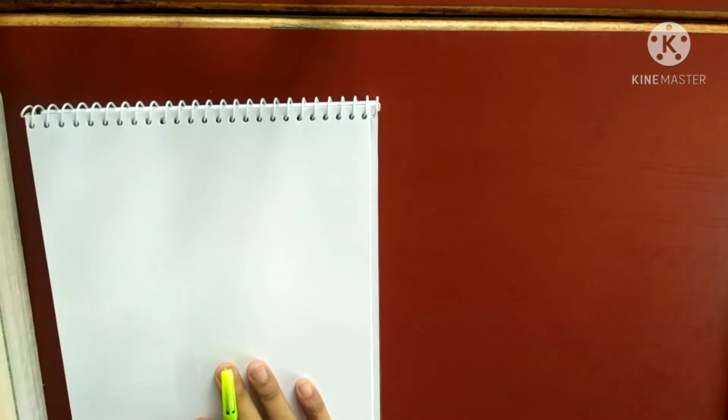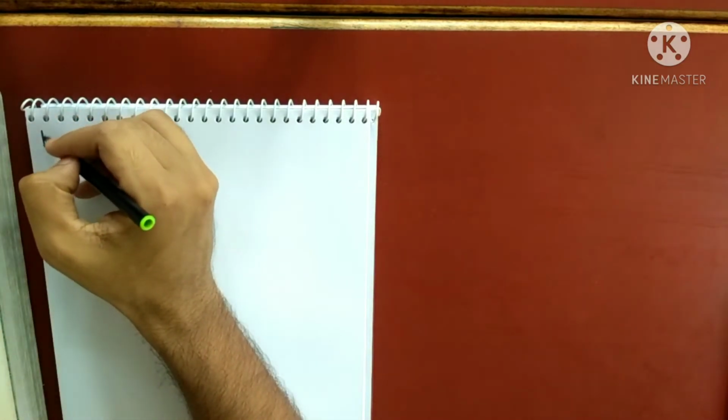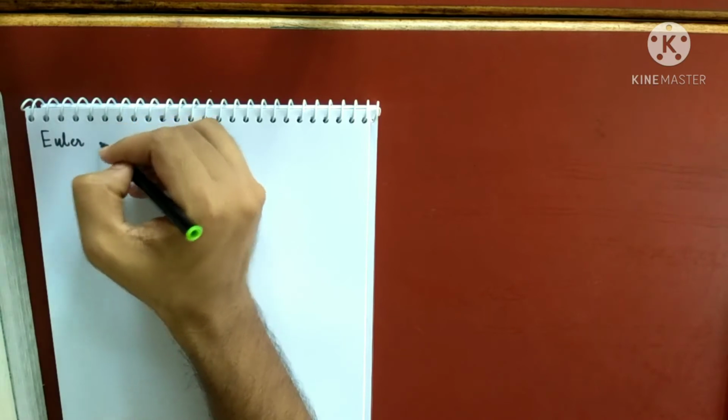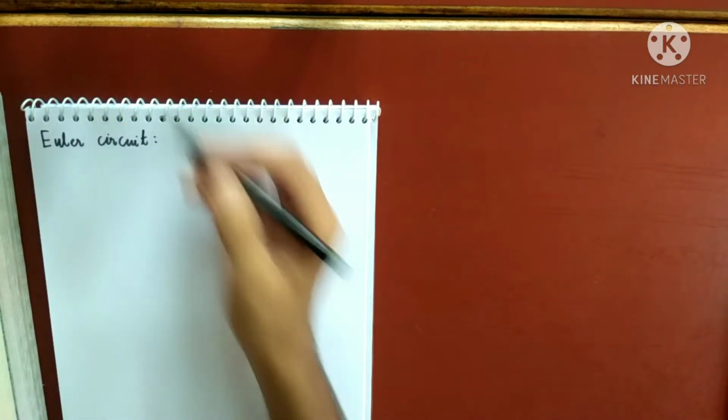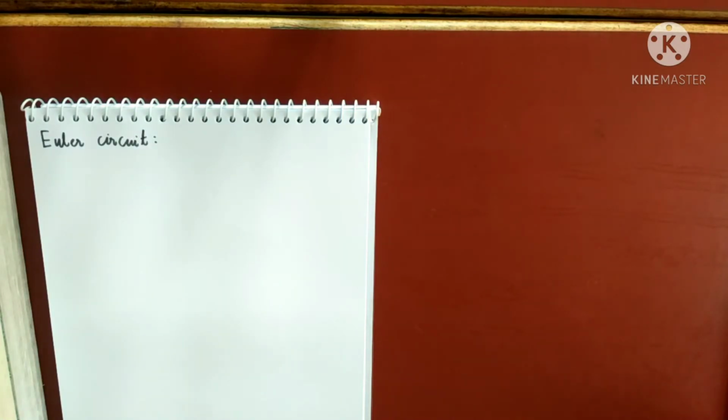So let's define what we mean by an Euler circuit. What is the definition? It is very simple.